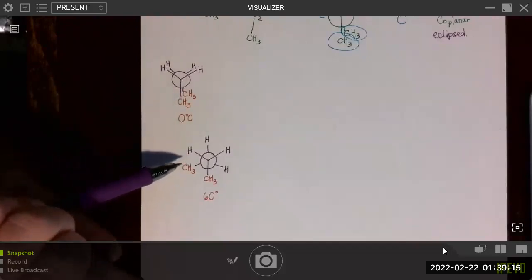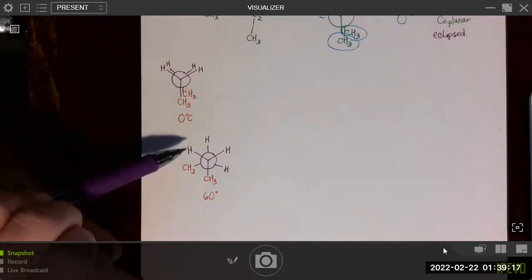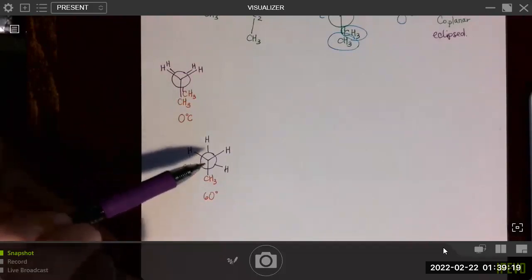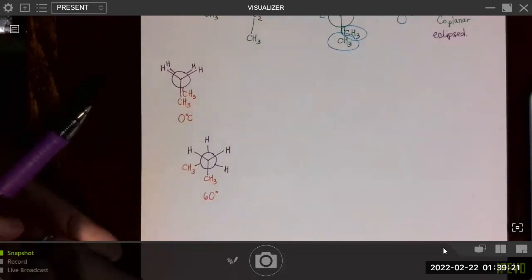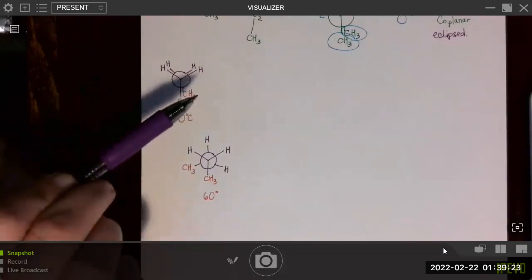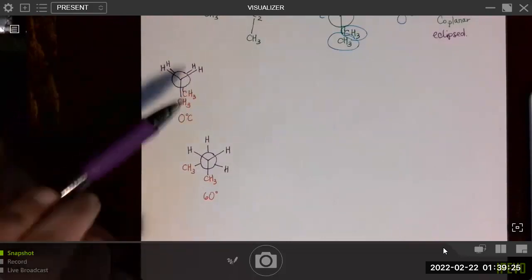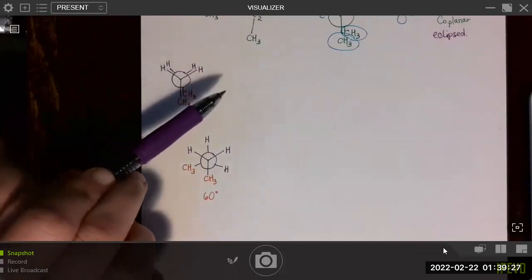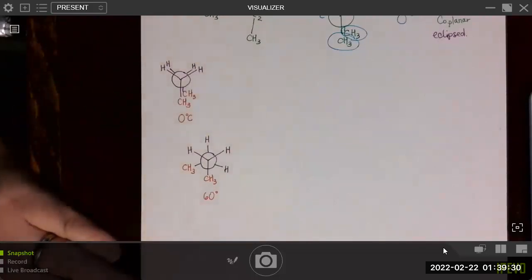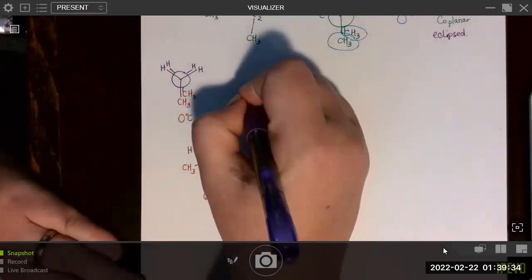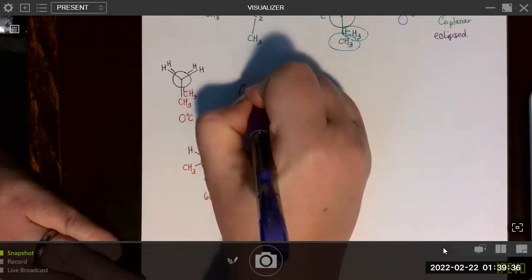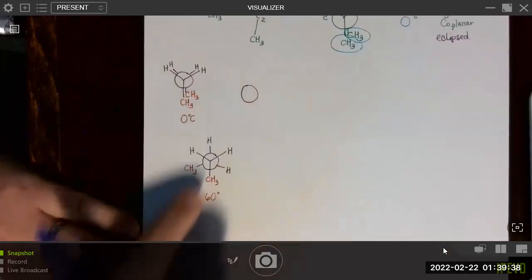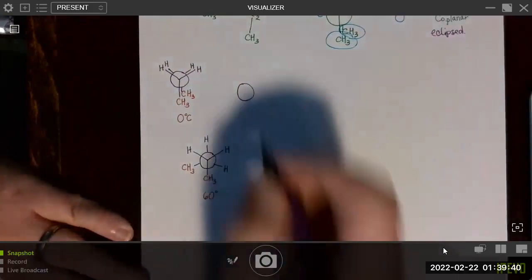Once we rotate this methyl 60 degrees, we'll have 2 methyl on hydrogen eclipsing interactions, which doesn't cost as much energy as a methyl on methyl. So it's going to be slightly lower in energy, but still high energy because it's an eclipsed conformation. I'm just going to start to draw it slightly below this, but clearly much higher than that.